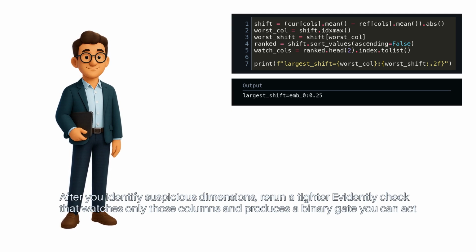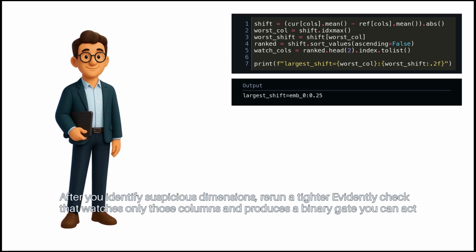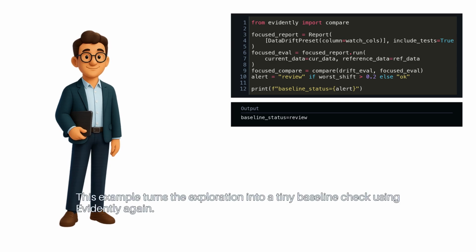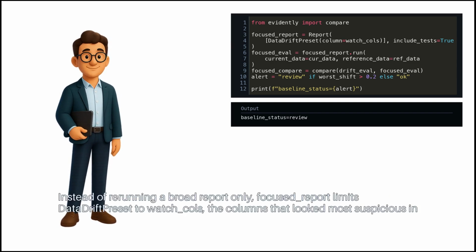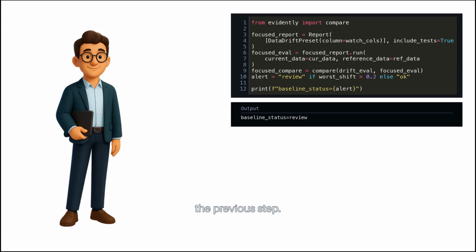After you identify suspicious dimensions, rerun a tighter Evidently check that watches only those columns and produces a binary gate you can act on. This example turns the exploration into a tiny baseline check using Evidently again. Instead of rerunning a broad report only, focus report limits DataDriftPreset to watch_cols, the columns that looked most suspicious in the previous step.